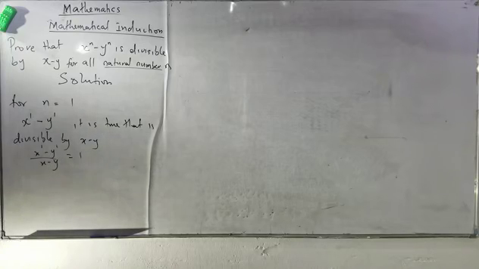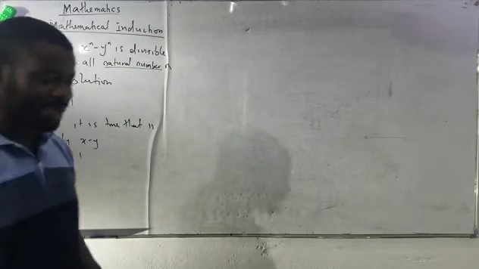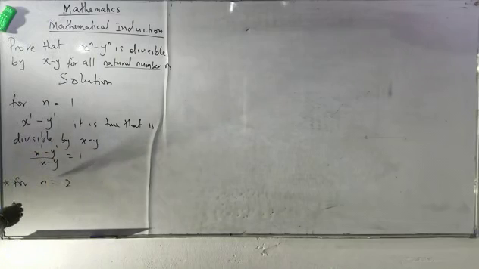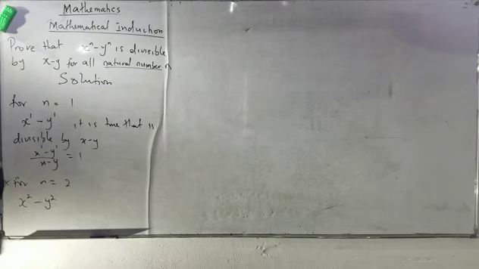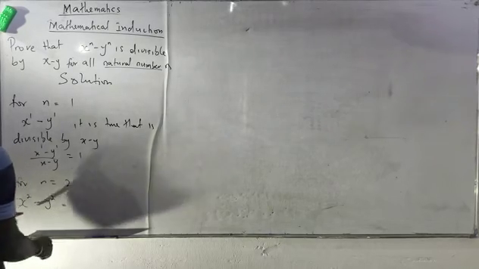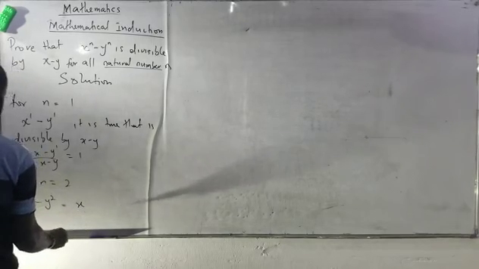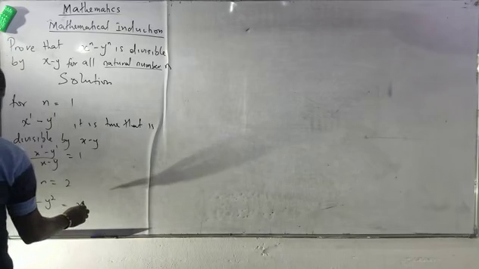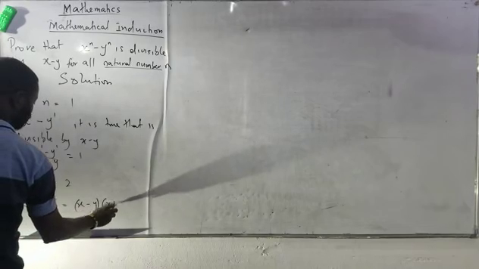The next assumption, if I want to move on, is n equals 2. What I need to do is have x raised to power 2 minus y raised to power 2. With the help of the difference of two squares, I can say this is x minus y times x plus y.